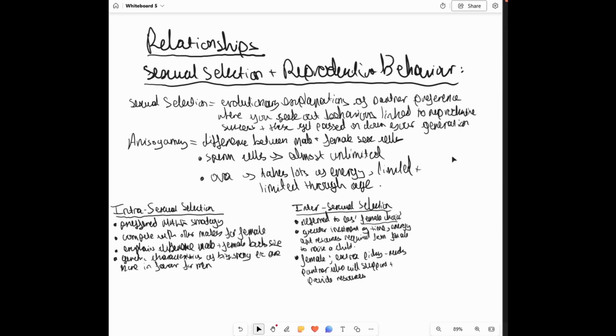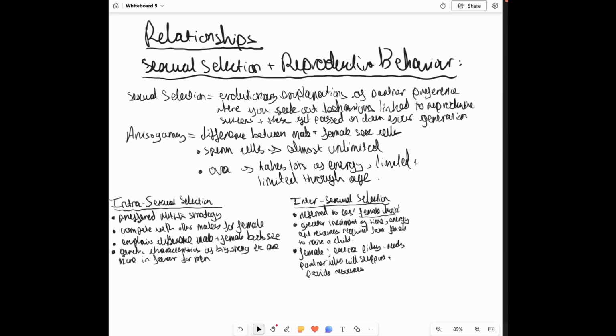It's where you seek out behaviours linked to reproductive success, and then these get passed down onto your generation. So it's linked with natural selection, evolution. As we evolve, we get these traits which keep the human race ongoing.